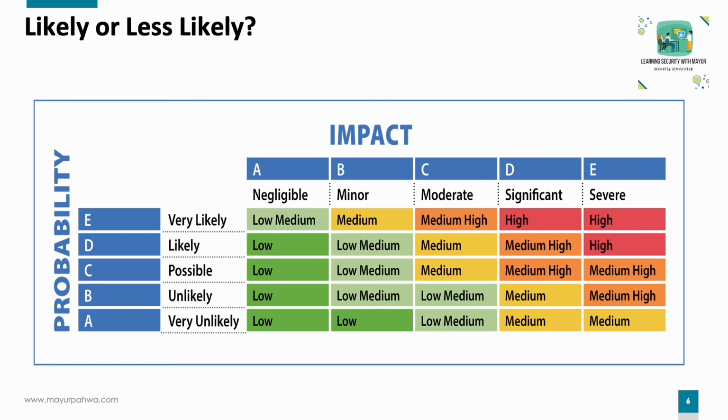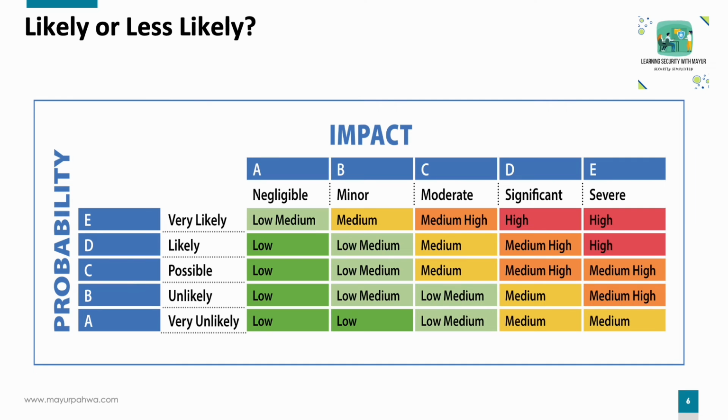The next step in the risk assessment is to identify the probability of a vulnerability getting exploited resulting in a threat. However, probability is just one side of the risk story. The other side is impact. This is an important aspect to be considered in the risk assessment. Taking our previous example, the probability of a tsunami, considering historical data, is just once in 10 years. So we may select option B, say unlikely, for it.